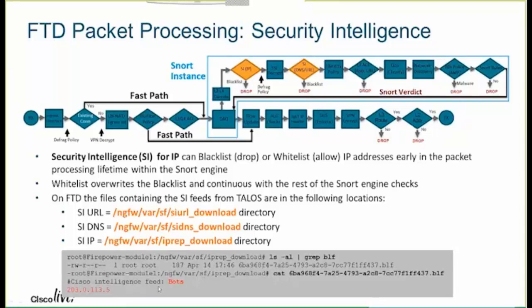If you view this file, you would actually see the Cisco intelligence feed, and in this case I'm just specifying the category of bots in my security intelligence configuration, and it gives you the IP address list of what is going to be blocked via SI. You would see something similar for DNS as well as URL under the DNS and URL download locations.